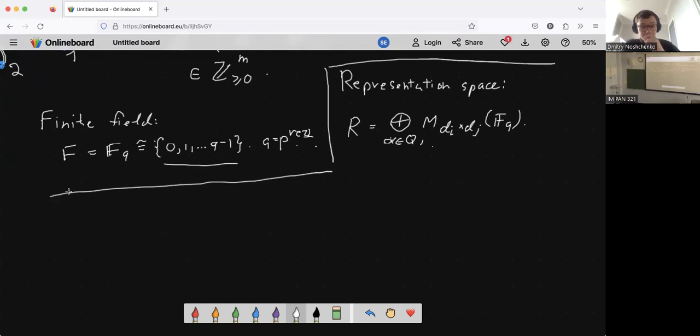I have a question about this exponent and this prime to the exponent. Why do we want this form in this finite field and not, for example, the product of two primes?